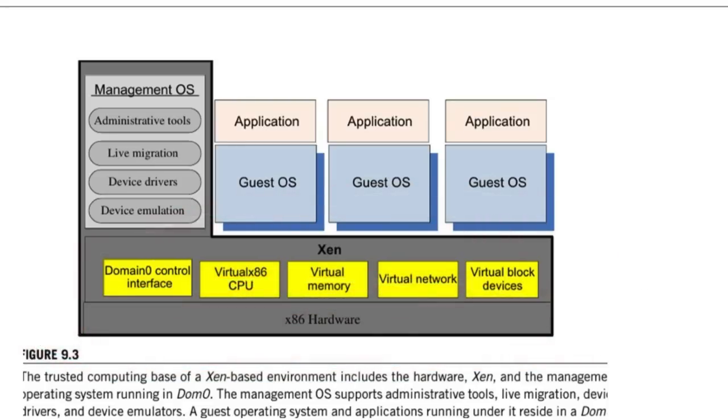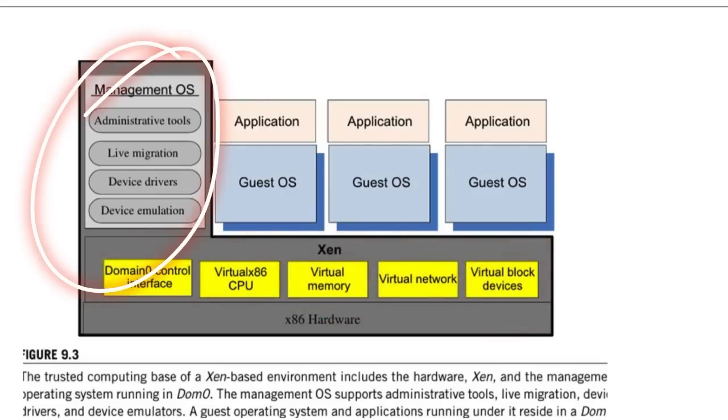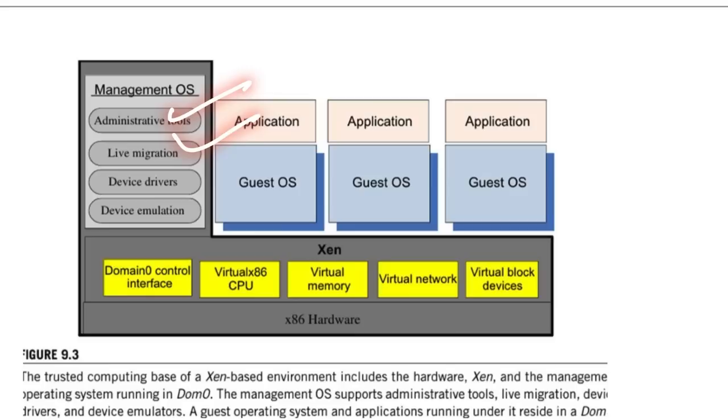It is a lightweight layer where the virtualization process happens, virtualizing the hardware and managing the guest virtual machines. Here we have Domain 0, control interface, virtual CPU, virtual memory, virtual network, virtual block devices, all these things. Then we have the managing operating system, that is Domain 0, where the privileged management of operating systems happens, like administrative tools such as migration, device drivers, and device emulation.